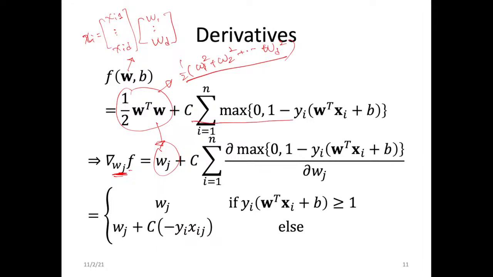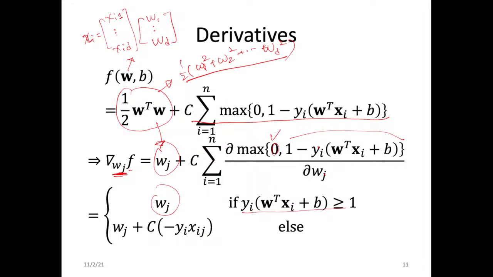How about this part? Take the partial derivative of this to this, then that depends on whether this is larger or this is larger. Right. If 0 is larger, then partial derivative of 0 to a certain variable will give you 0. So it ends up having only wj if this is 0. So if this part is 0, that means this instance is correctly predicted.